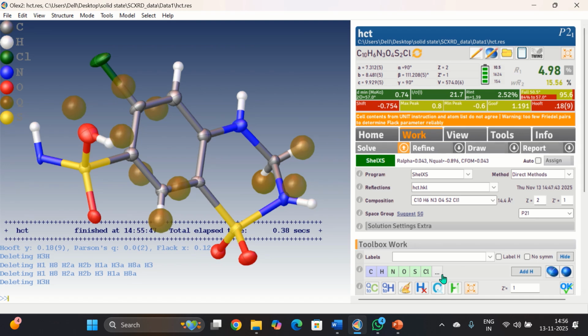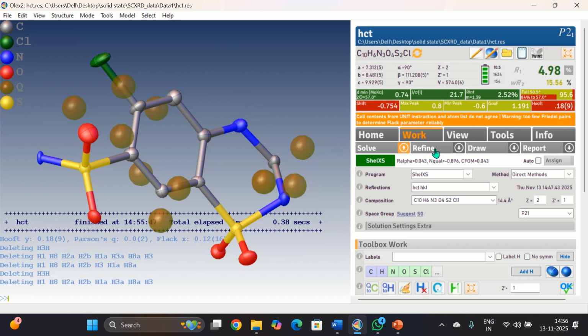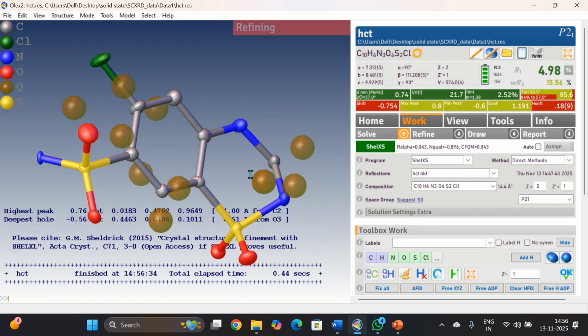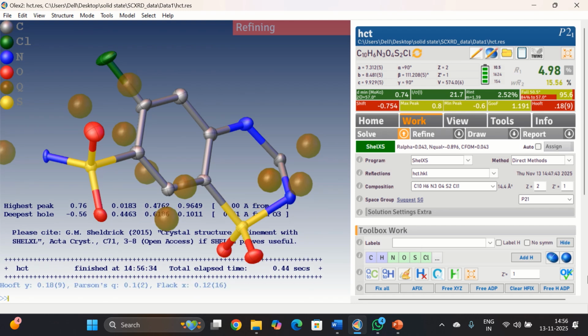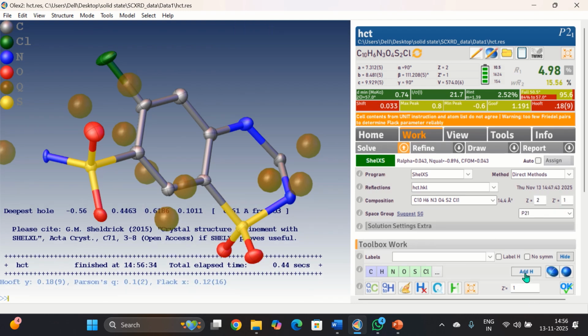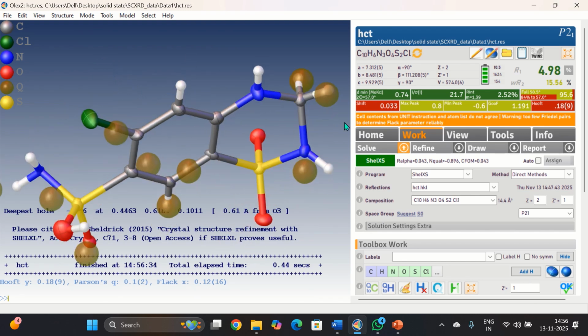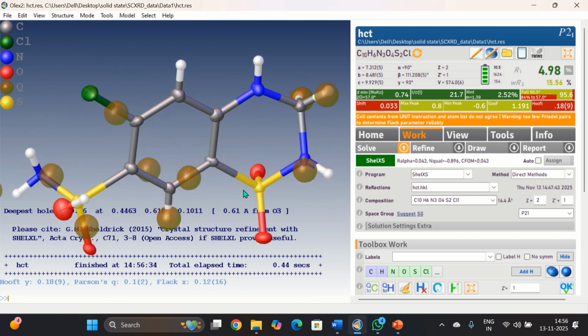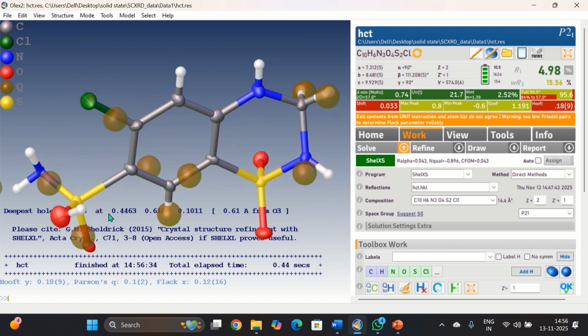Let me just remove all hydrogen, refine it again. We will now add hydrogen, all the others.